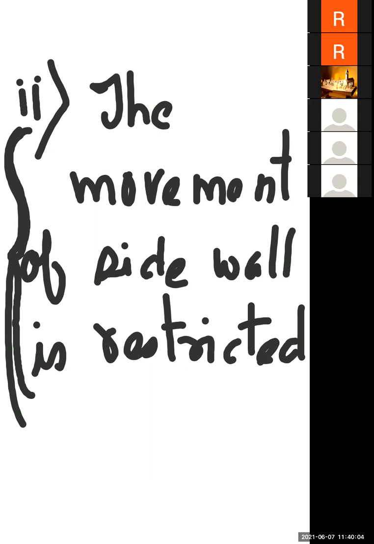When the movement of the side wall is restricted, which type of joint will we provide here?